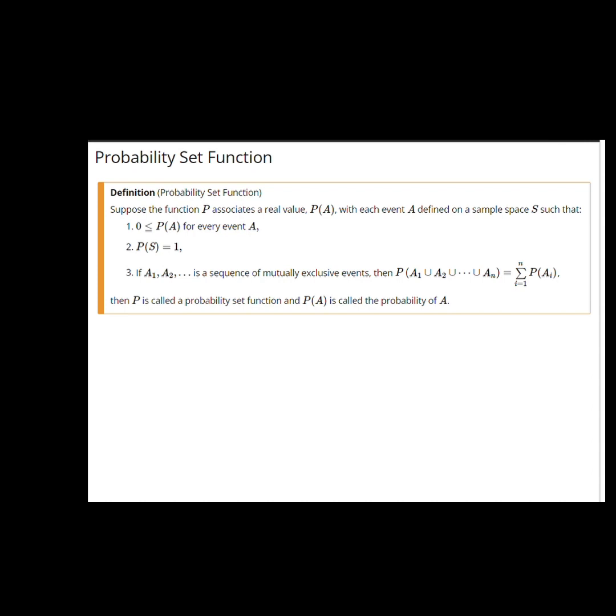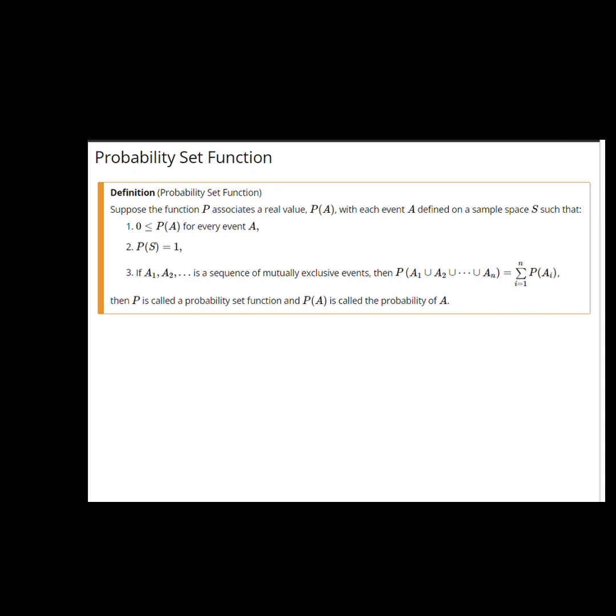And finally, if I have mutually exclusive events, A1, A2, A3, and so on, then the probability of the union of them is the sum of their probabilities. If events are such that no two can occur together, then the probability that A1 occurs, or A2 occurs, or A3 occurs, and so on, is equal to the probability that A1 occurs, plus the probability A2 occurs, plus the probability A3 occurs.